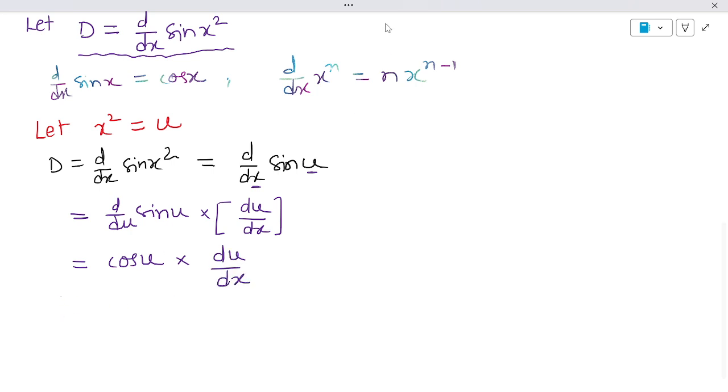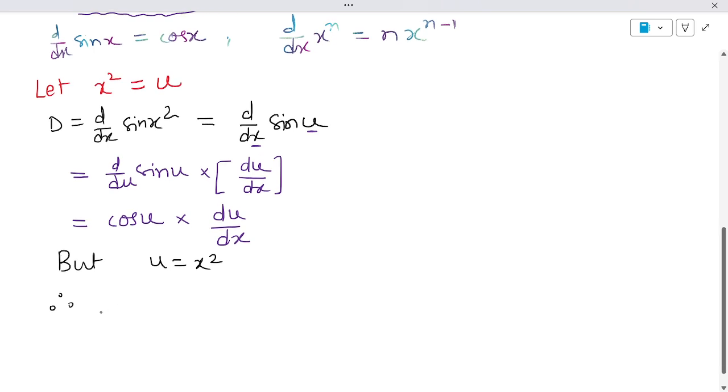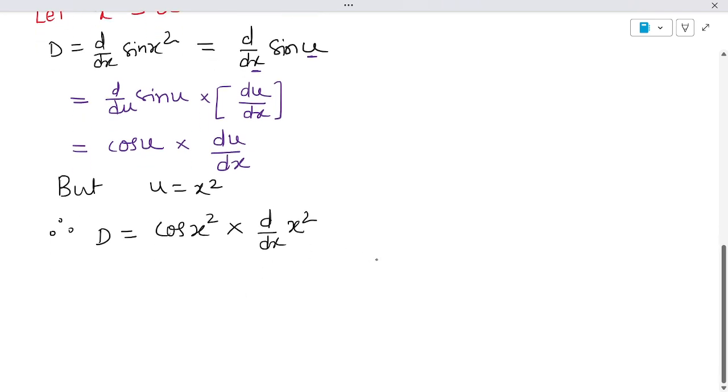But what is u? u is nothing but x square. So therefore this capital D is nothing but cos of u, u means x square, into du by dx. du by dx means d by dx of x square. Now use this formula. Derivative of x power n is n x to the power n minus 1.